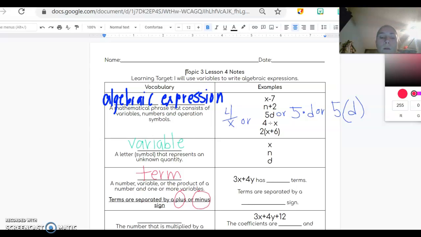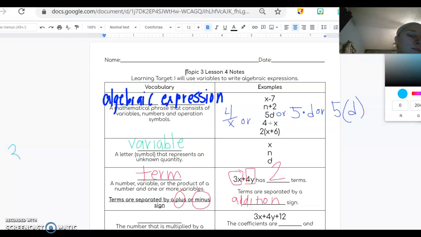So when we look at our first example, we have 3x plus 4y. 3x would be one term, 4y would be a second term. So we have two terms total here. That addition symbol in the middle separates our terms, okay?